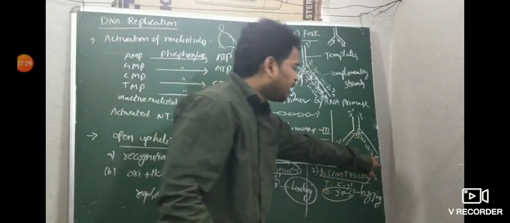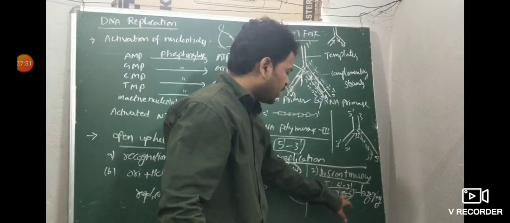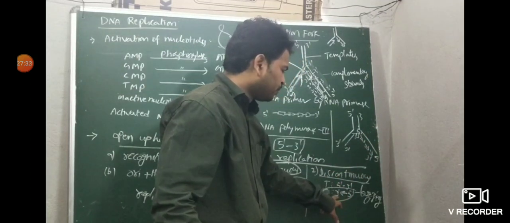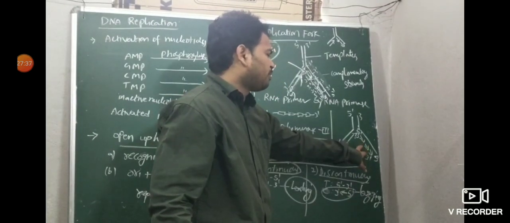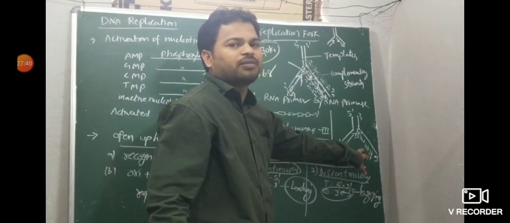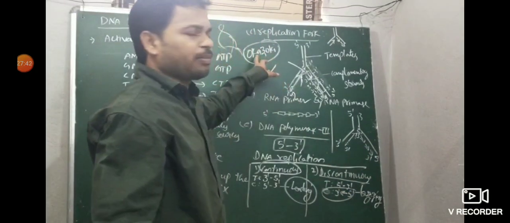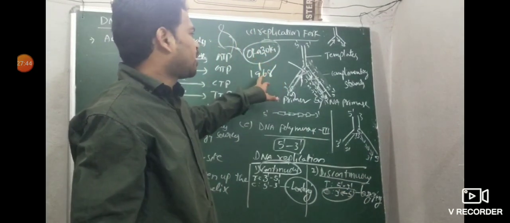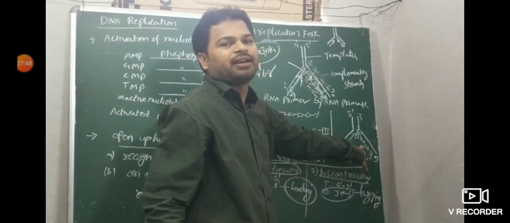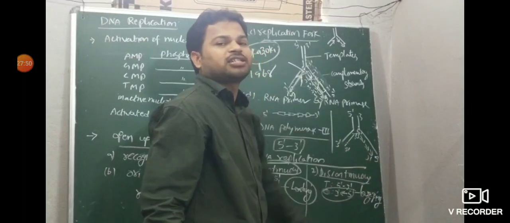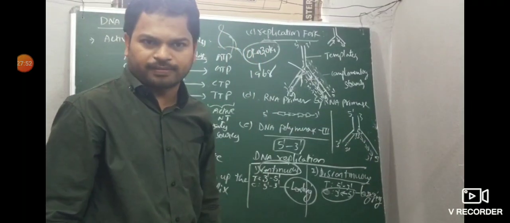Small DNA fragments are formed. These short fragments of DNA are called Okazaki fragments because they were discovered by Okazaki in 1968. This type of strand is called a lagging strand, and this type of replication is called discontinuous replication.